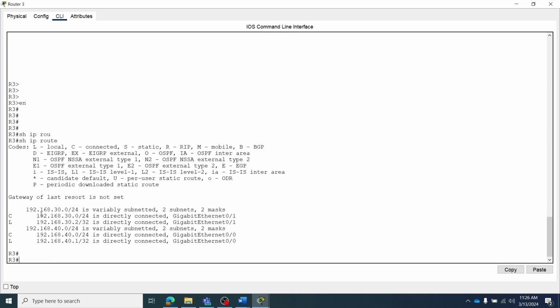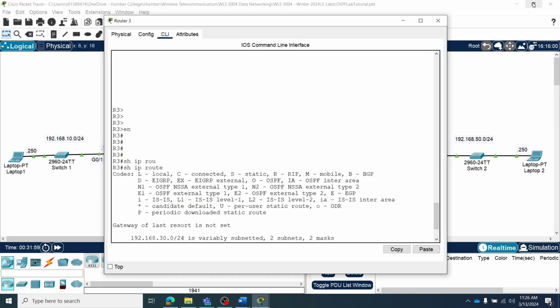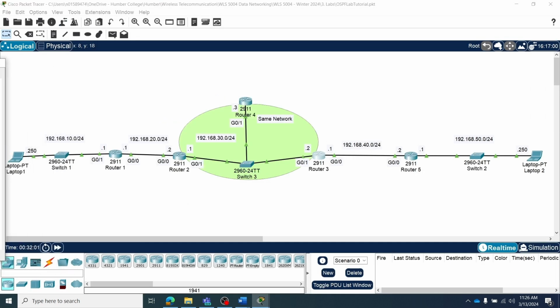You can see only network 30 and network 40. Networks 30 and 40 are the two connected networks of router 3. So by default, all the routers only know their connected networks.